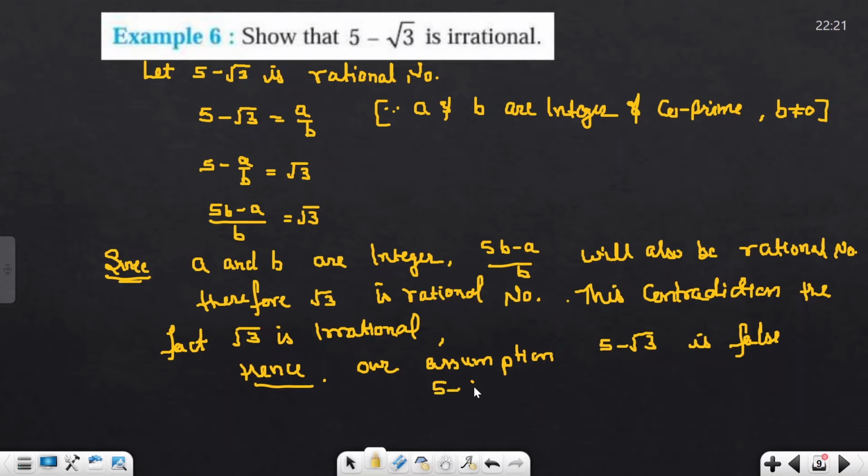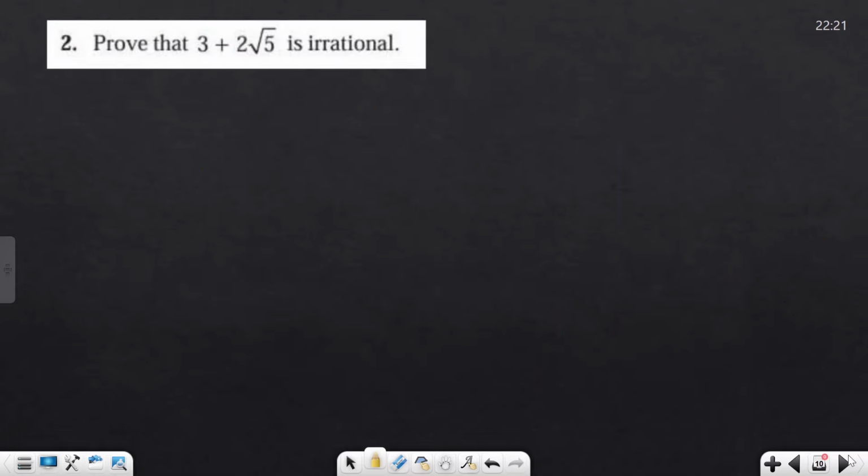So 5 minus root 3 is an irrational number. Okay, irrational number. I show you the next question.